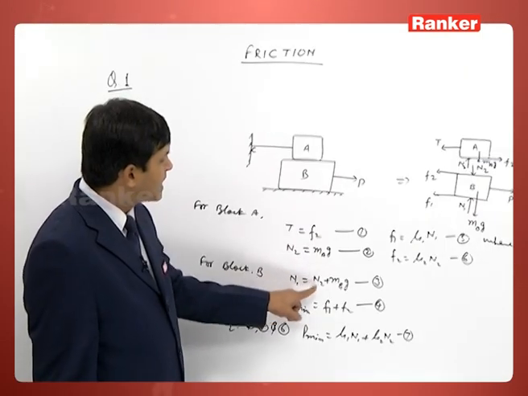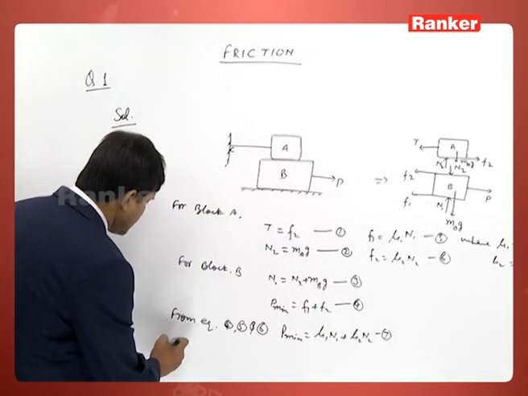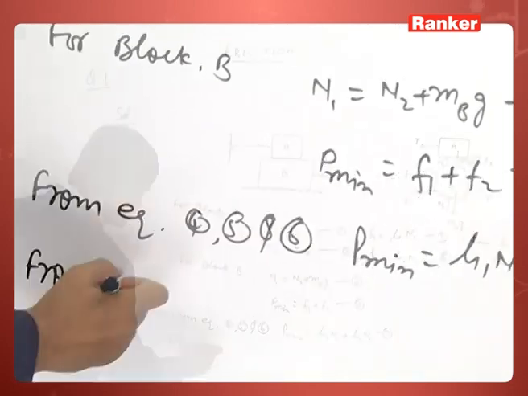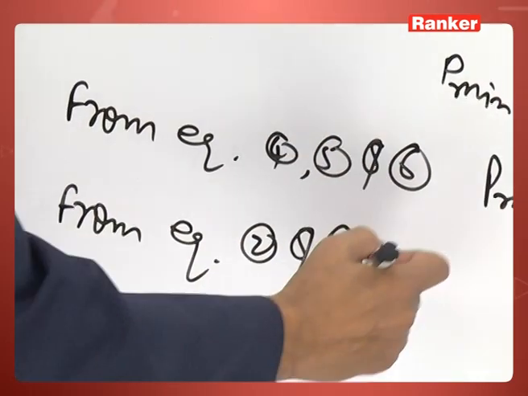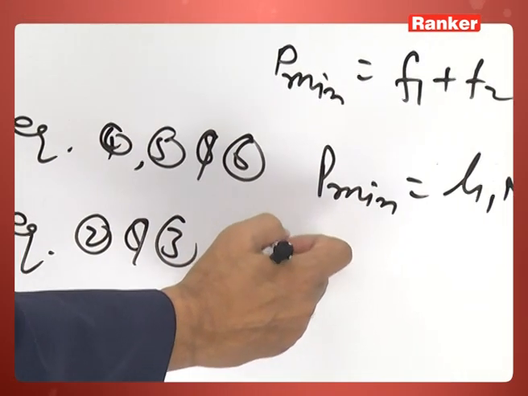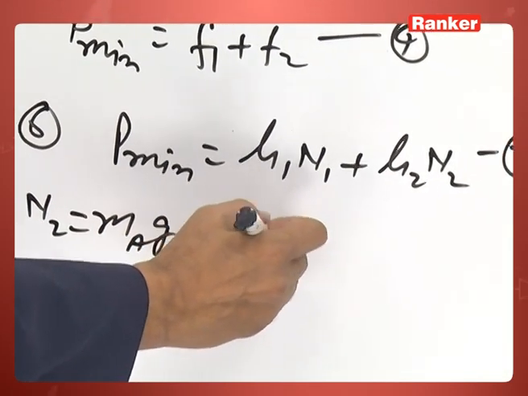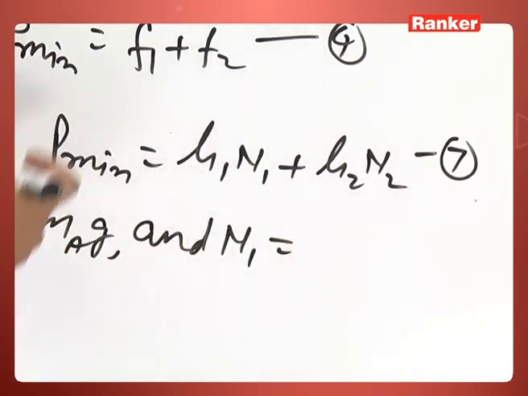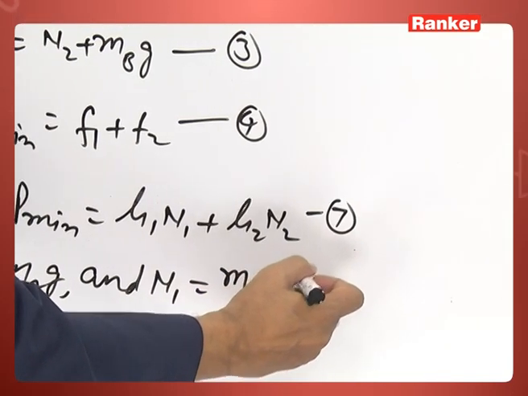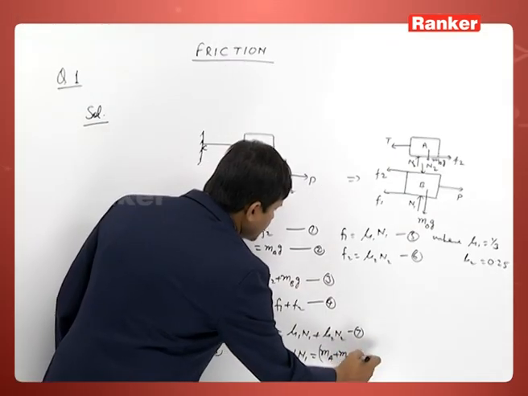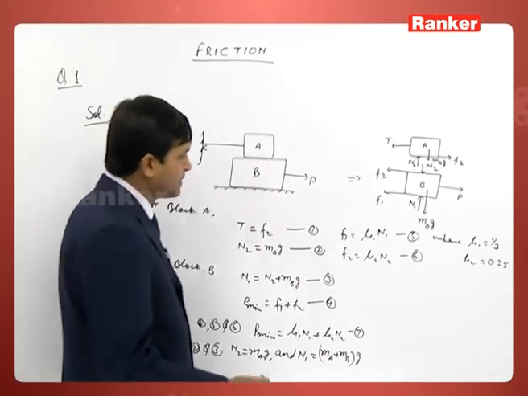So, N1 can be said as MA plus MB, from equations 2 and 3. From equations 2 and 3, we can get N2 is MAG and N1 is N2 value MAG plus MB into G, that is (MA plus MB) into G. So, these are the values of N2 and N1, which we will substitute in equation 7.